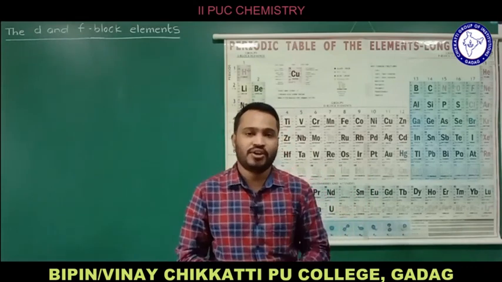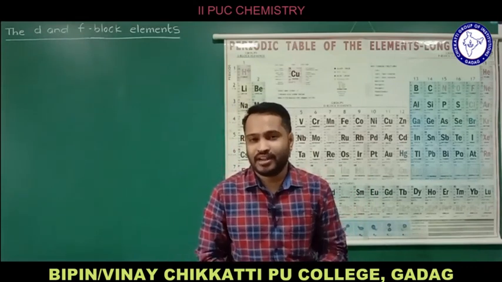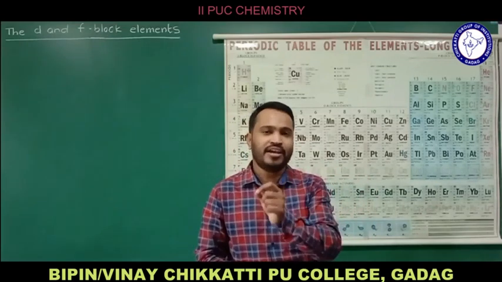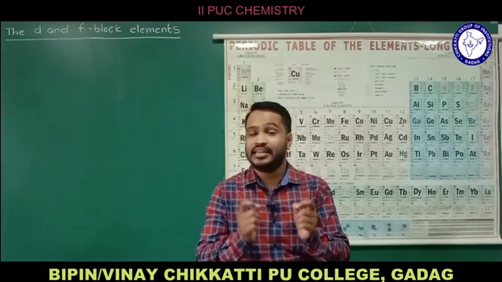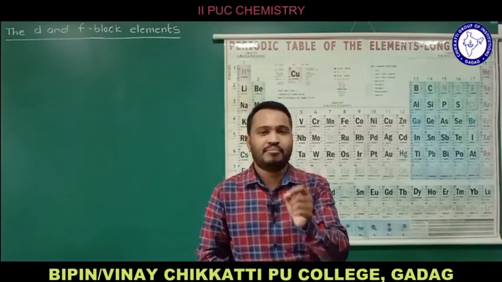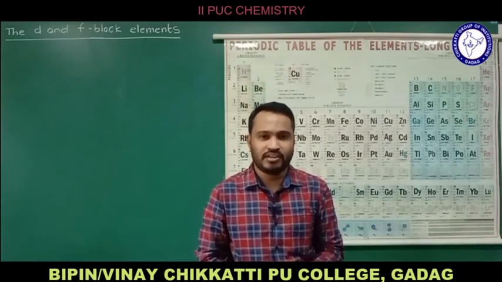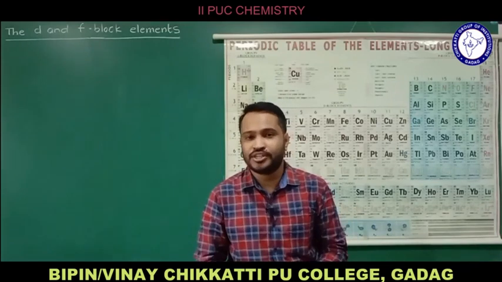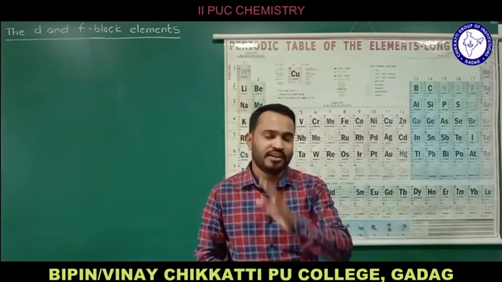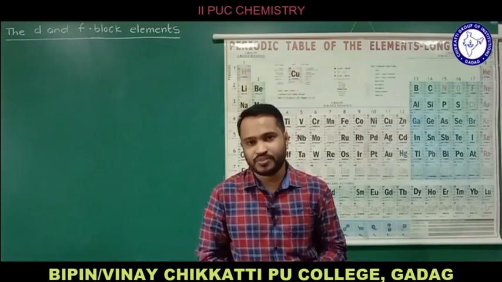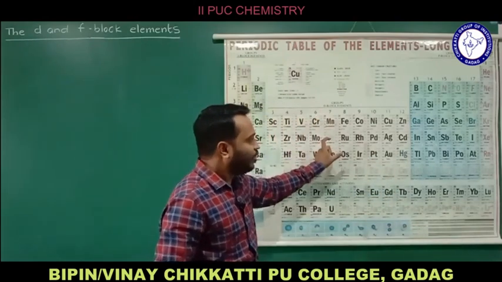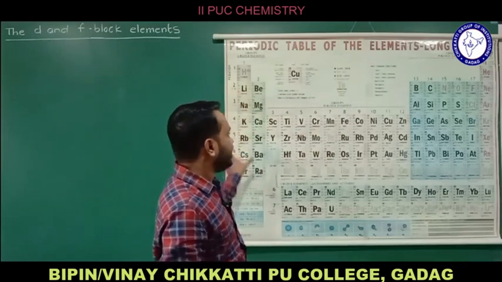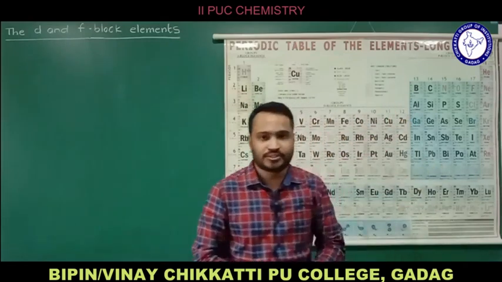So the elements where the added electron enters into the (n-1)d atomic orbitals, we call d block elements. Remember, (n-1)d atomic orbitals, the added electron enters into these, that's why we call them d block elements. As we know, the position of d block elements is in the middle, or I can say in between s and p block elements.